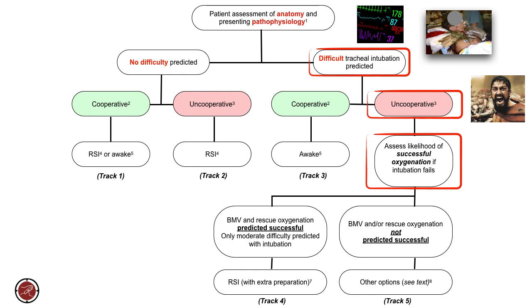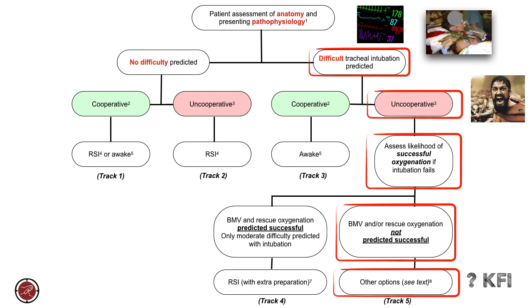And hopefully, if that fails, with rescue oxygenation using a supraglottic airway. But if I feel that that is unlikely, then it's really not advisable to go down the RSI route. And if this patient is truly uncooperative, an awake option's really not there. So this is where in our algorithm we list other options. Whenever your algorithm says 'other', it's never good. And this is perhaps the role of ketamine facilitated intubation.